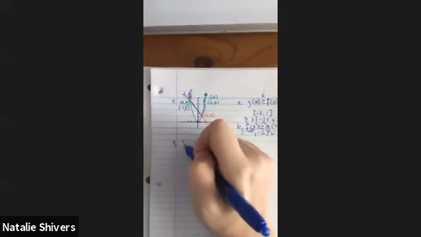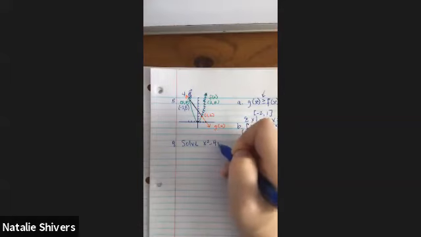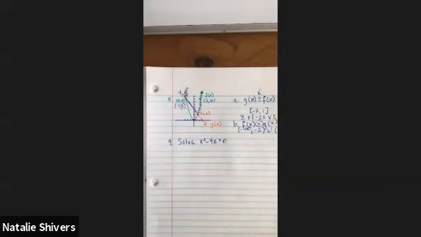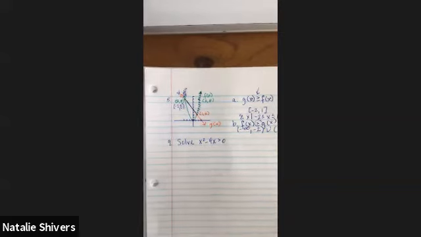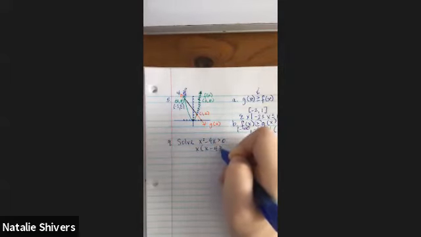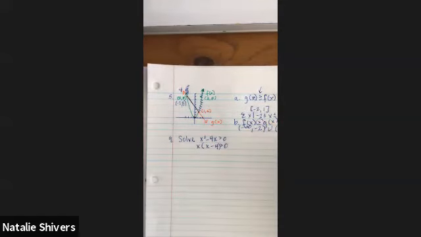Then you're going to get quite a few where it says solve x squared minus 4x is greater than 0. So they're going to give you the algebraic expression and tell you, when is it greater than 0? I like to do some setup before I use the calculator to help me out. The first thing I'm going to do is factor it. So I get x times x minus 4 is greater than or equal to 0, so that I can find out where the x-intercepts are.